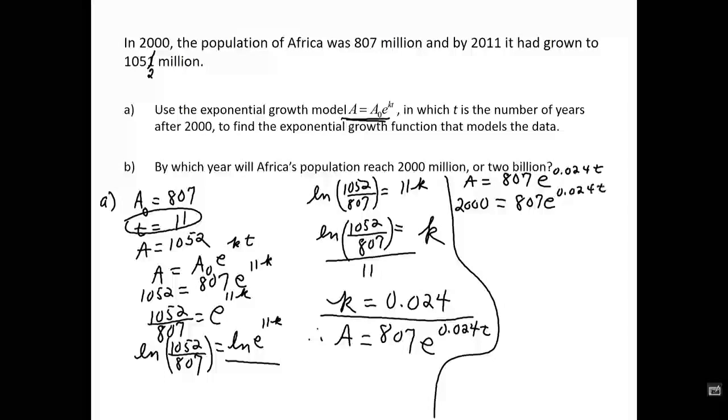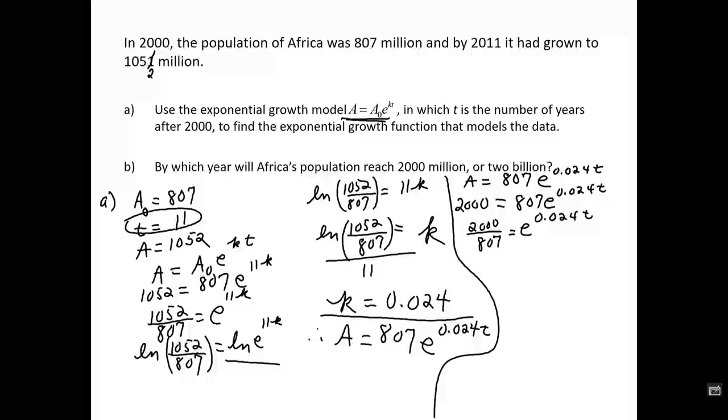0.024 t. All right, let's simplify. I can divide both sides by 807. 2,000 divided by 807 is equal to e raised to the 0.024 t. So we have an exponential equation involving the base e. So what do we want to do now?